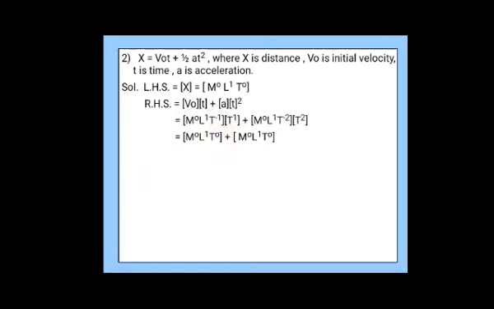Okay, then here minus 2 plus 2 is 0. That's why you will get the same two brackets again. 2 times we cannot write, it is M raised to 0, L raised to 1, T raised to 0. Again LHS and RHS are same. So you can write the given equation is dimensionally correct. Like this you can check the correctness of the equation.